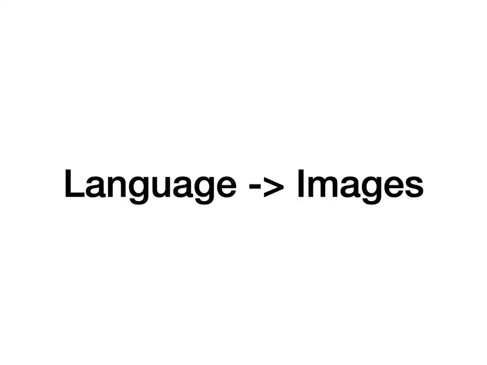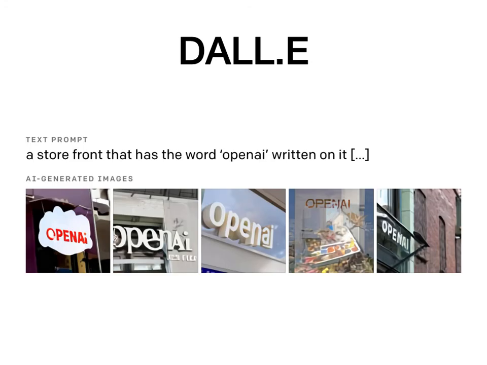You can also do images. Here is the DALL-E system that uses GPT-3, and it takes a text prompt and turns it into an image. DALL-E. So, here's one: a storefront that has the word OpenAI written on it.